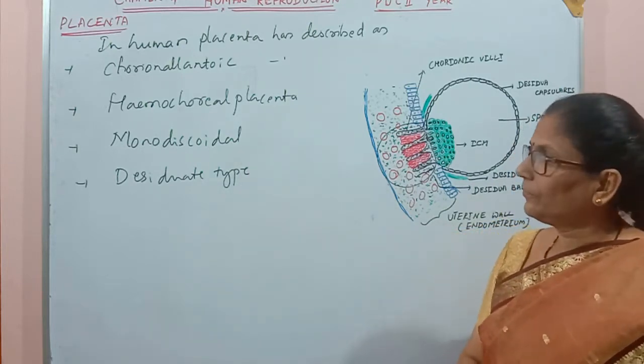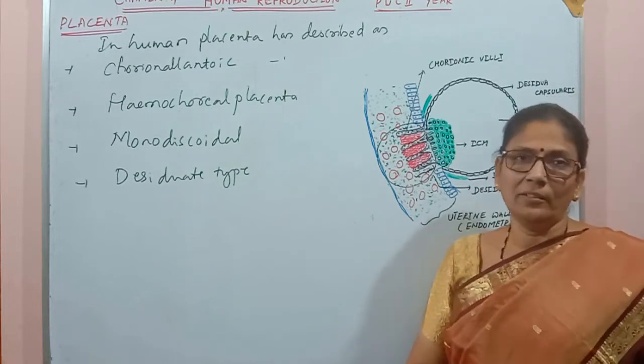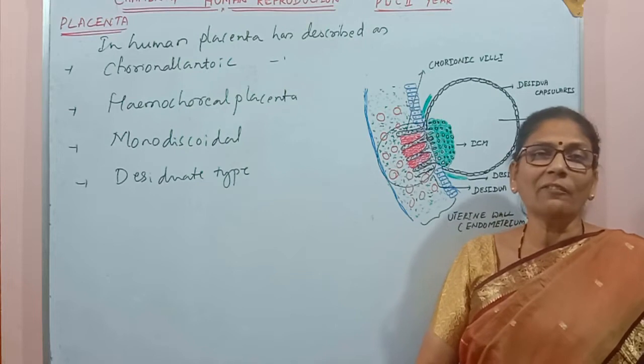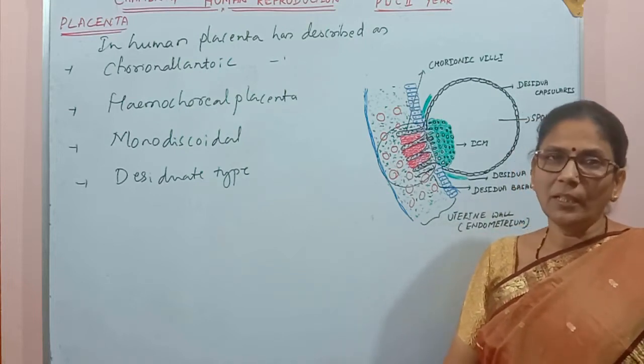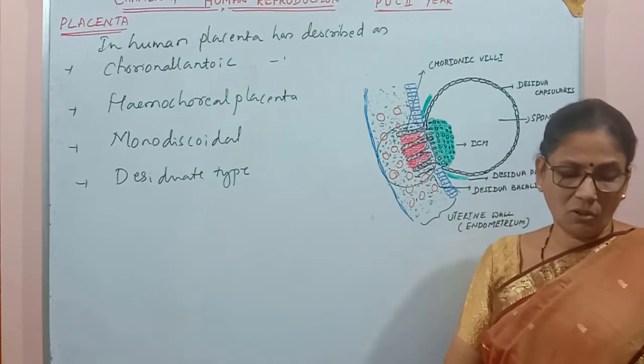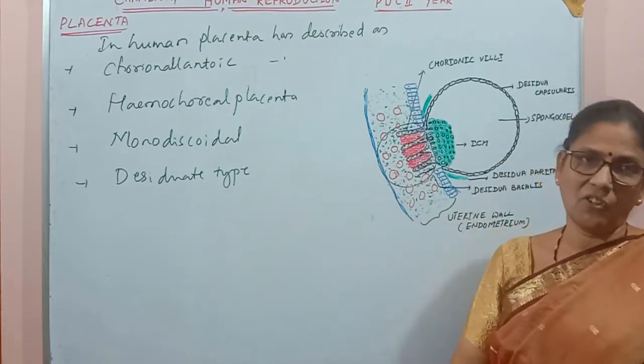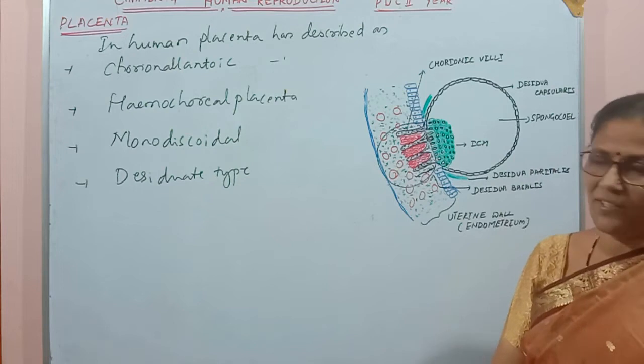It is called monodiscoidal because the chorionic villi are restricted to the disc, the placental disc. It is related to the shape of the placenta.